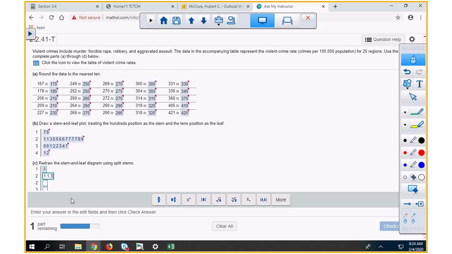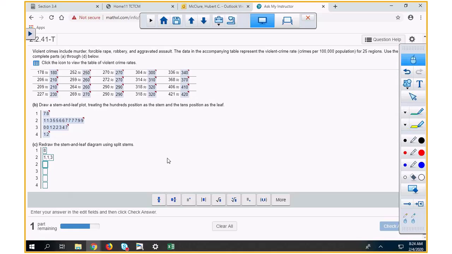And then here, you're going to have 250 to 290. So 250 is going to be 50, 60, and all these numbers right here to 290. So 5, 6, 6, 5, 6, 6, 7, 7, 7, 9, 9.